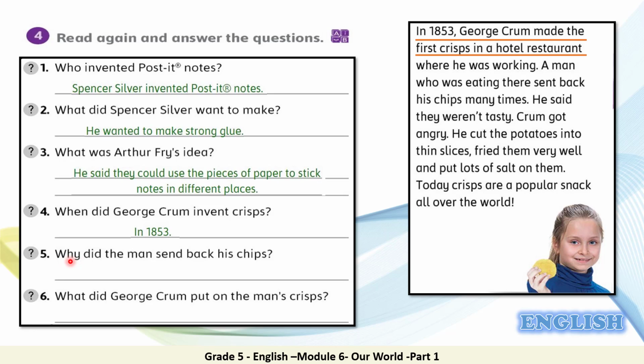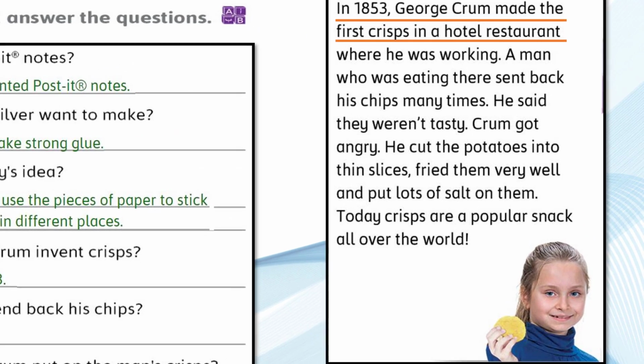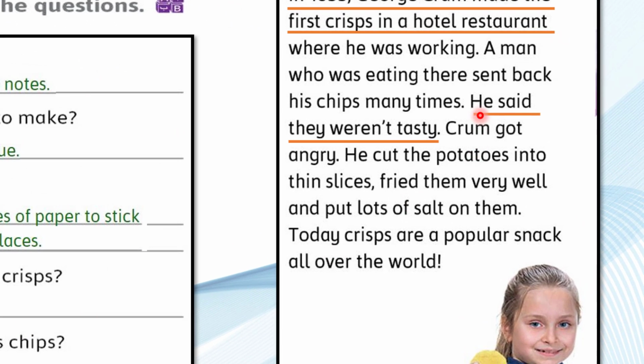Number 5. Why did the man send back his chips? The question word why asks for the reason. So we need to find out the reason why the man sent back his chips. Read this. A man who was eating there sent back his chips many times.